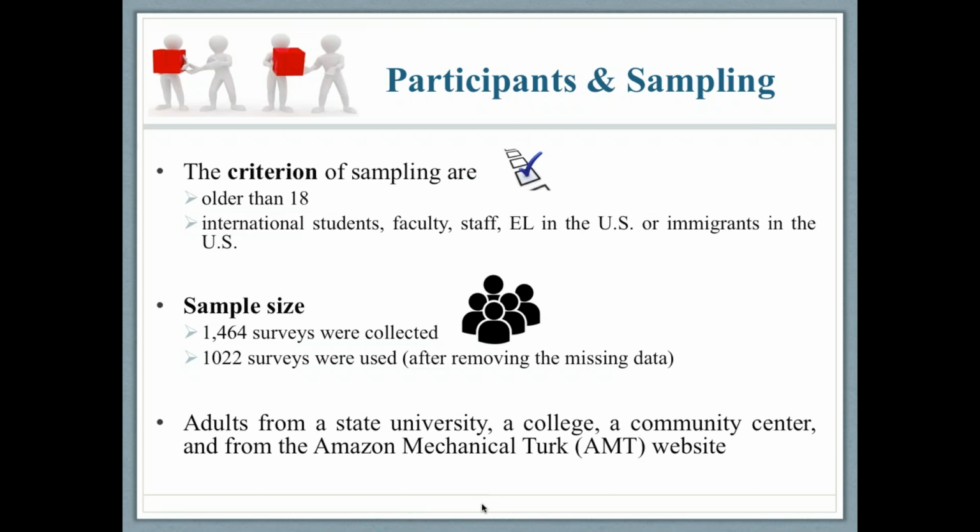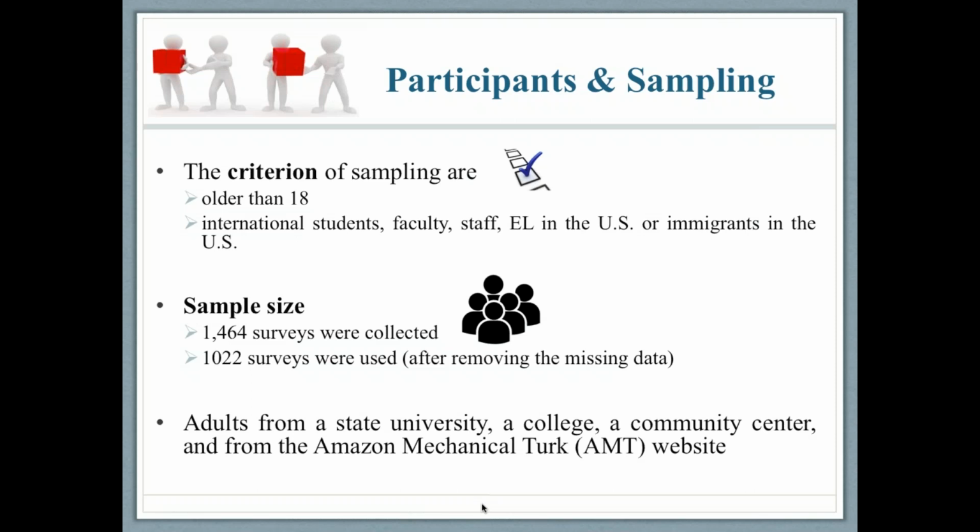Okay, sample size. When I distributed the survey, I collected 1,464 surveys, but I was able to use only 1,022 of them because some of them were not completed and involved a lot of missing data. Based on the Daniel Soper website sampling strategies, 1,022 surveys would be enough to find the results.